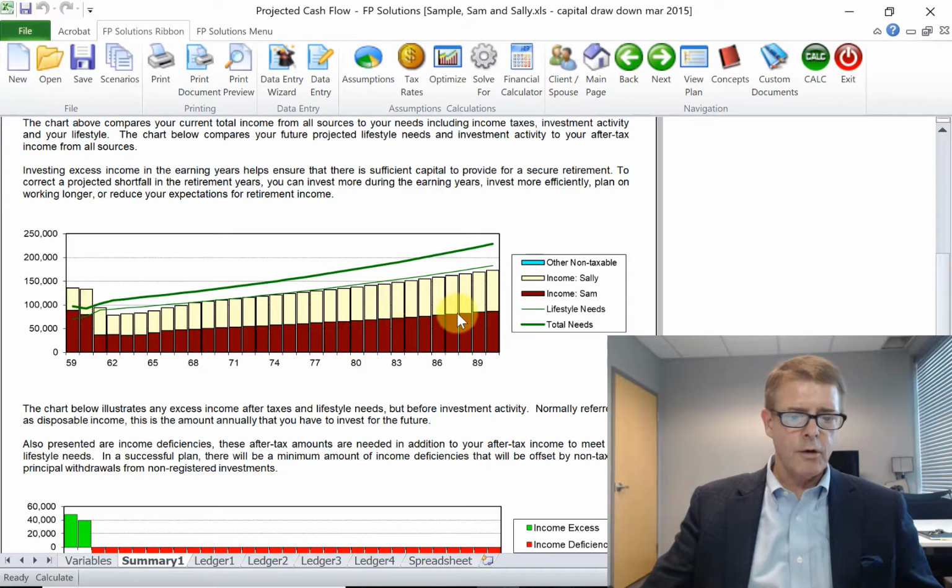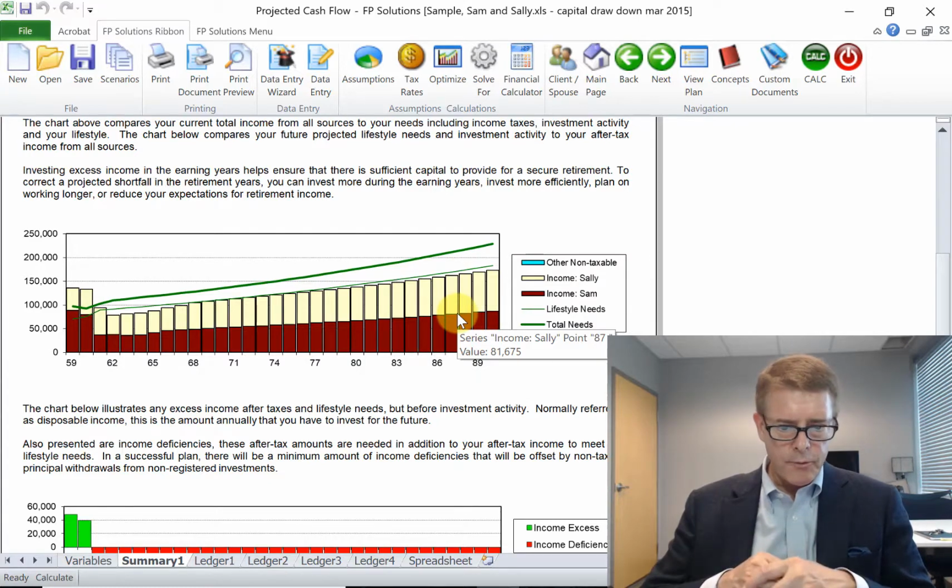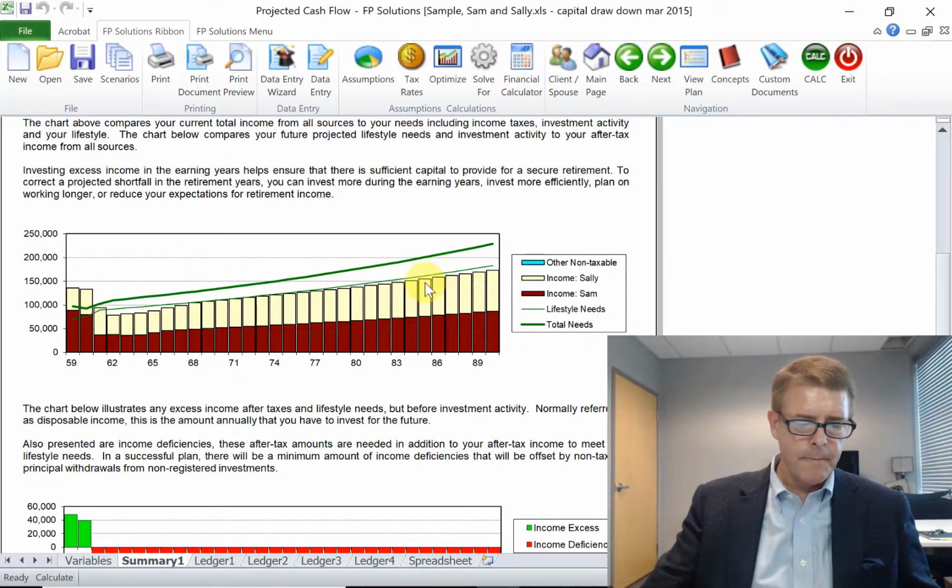And these bars here, for the husband and wife or partners, are the after-tax values of their cash flow. So we've got the brown for Sam, we've got the yellow for Sally. And you can see that there are some shortfalls in their early 60s. Then going into their mid-60s, they're running a balanced budget for the most part. They've got enough income to spend at that $85,000 per year. And then in the later years, you can see they're running some shortfalls again.